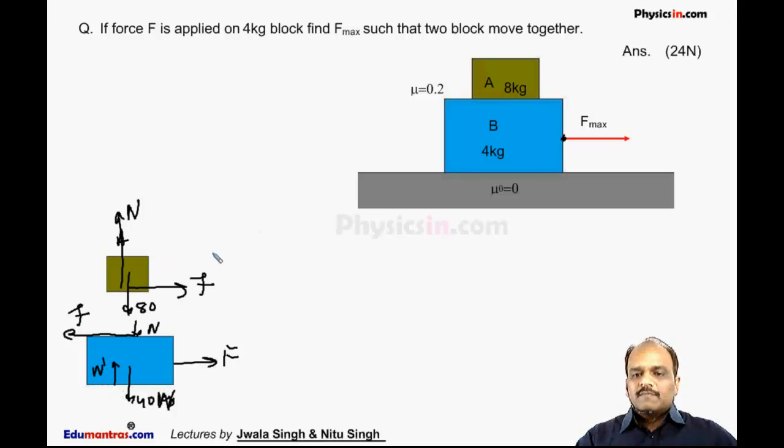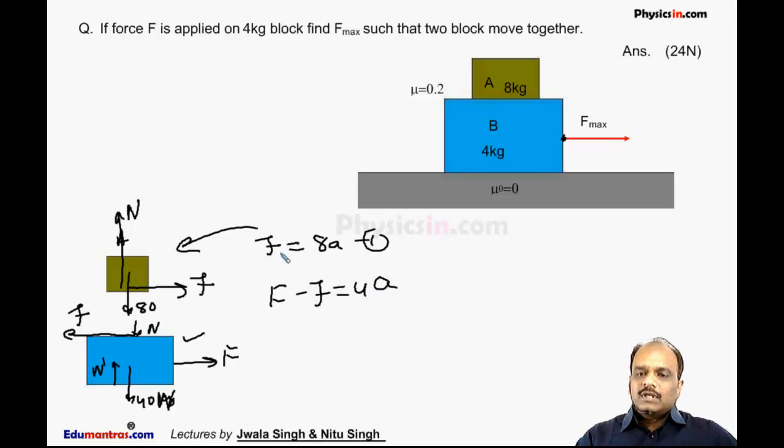So we can say since blocks A and B are moving together, the friction force here is 8a. This is the first equation for block A, and in this case we can say F minus friction is equal to 4a. Now from here, a can be substituted, it is F by 2. So F comes out to be 3 times friction by 2.